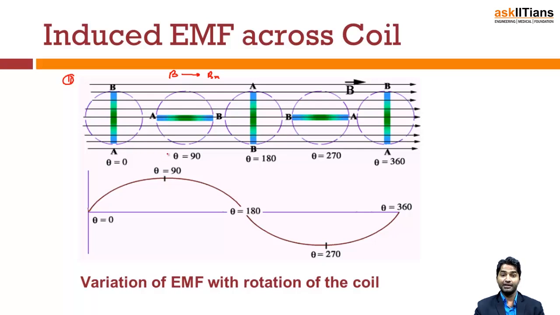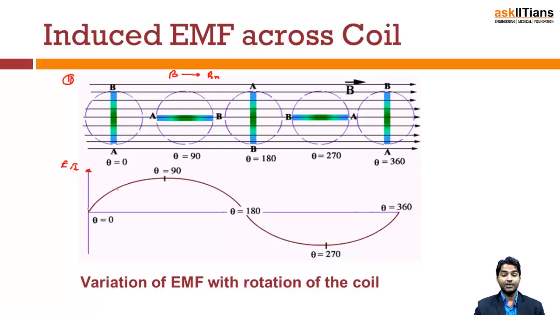When it turns to 90 degrees, we find the magnetic flux becomes 0. Again it turns to 180 degrees, and we find that the magnetic flux is minimum in that case, and finally it comes to 270 and 360 degrees. For these different values of angle or angular displacement, we depict the graph for induced EMF as well as current.